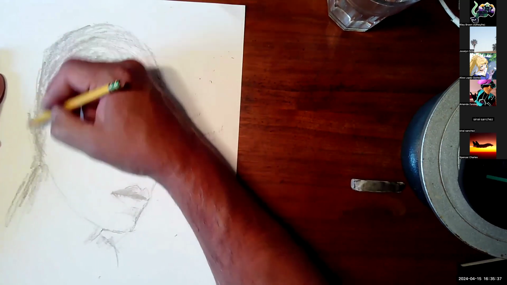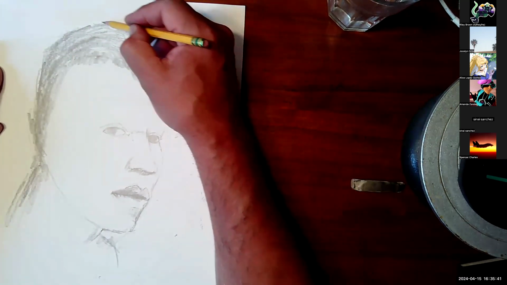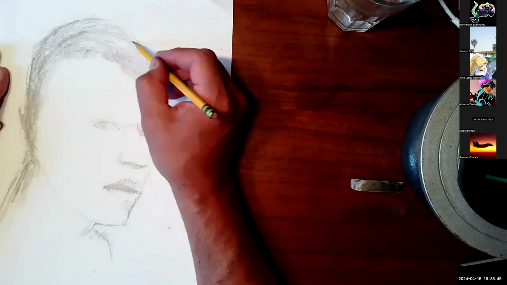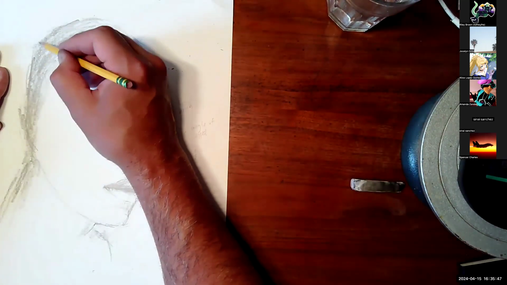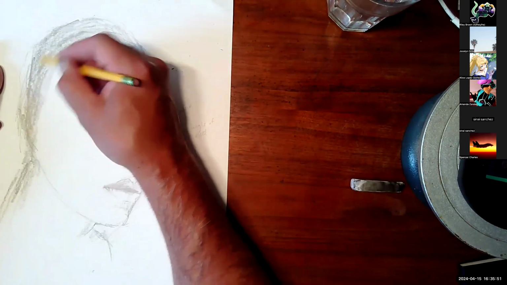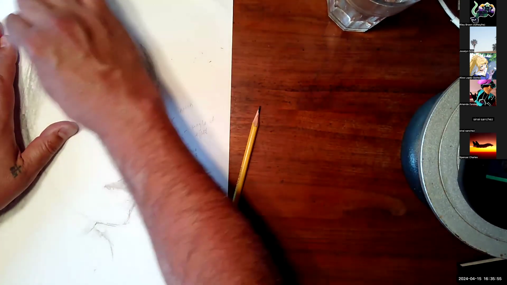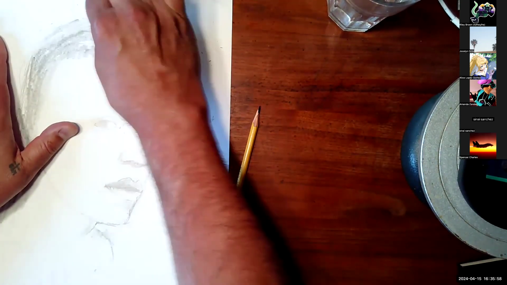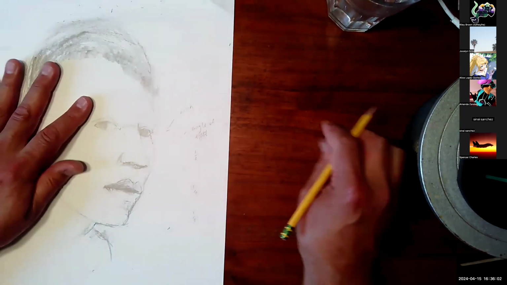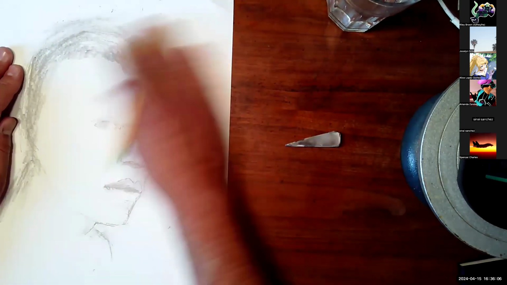I think his head needs more room back here. But I'm just generally filling in the hair. I can tell that it's a little bit off, but I can adjust that later. So you can use your eraser to correct. And all right.